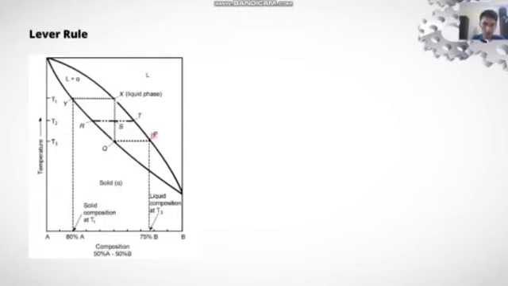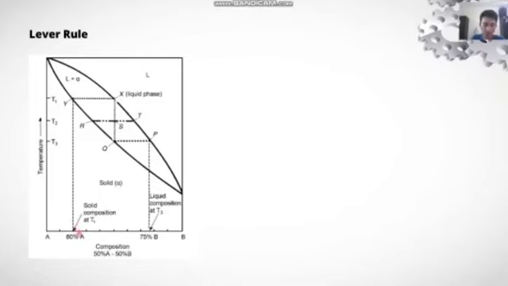For example, consider the solidification of a simple solid solution alloy like in this picture. The alloy has a composition of 50% metal A and 50% metal B.